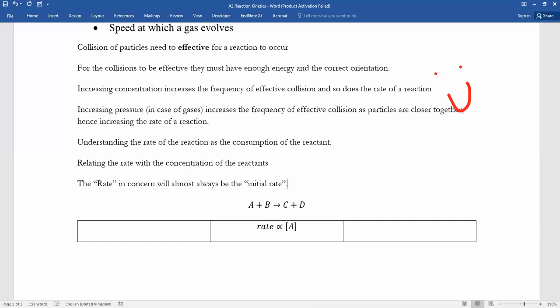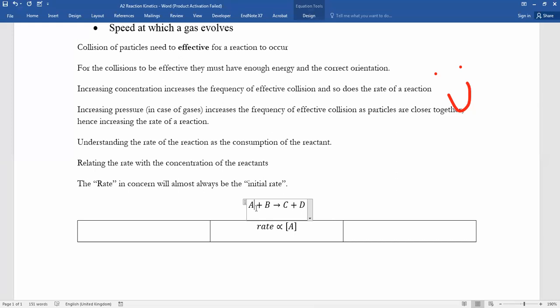Initial would be the same for everyone. Remember, now we are understanding how the rate changes by changing the concentration of reactants. For example, you took the concentration of A as 0.2 mol per dm³ and you observe the initial rate of reaction, the very initial one, and then you change the concentration of A and again observe the initial rate of reaction, you again change the concentration of A and again observe the initial rate of reaction. So one mathematical possibility is that as I double the concentration, my rate also increases, right?